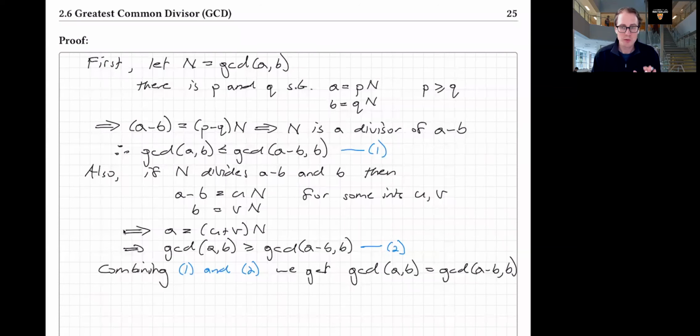Okay, so just to recap this second argument, we said suppose n, let's not say n is necessarily the GCD of A and B, but just n is any number, right?